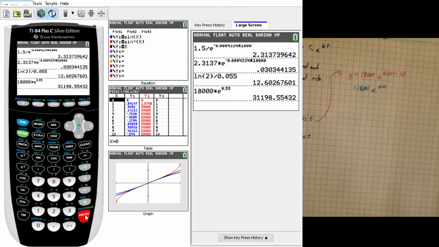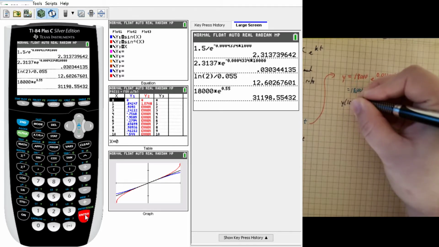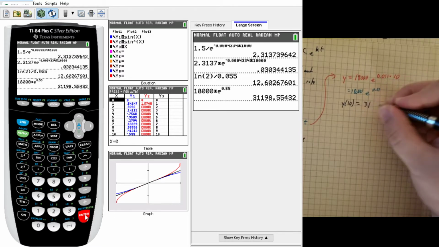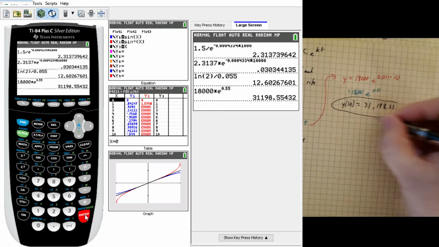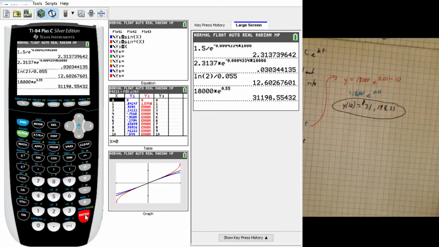So how much is it going to be after 10 years? The y value after 10 years is going to be 31,198.55. I go to 2 decimal places because we're talking about dollars, so it makes sense. And so this is exponential growth, and it's just how you figure the pieces out.